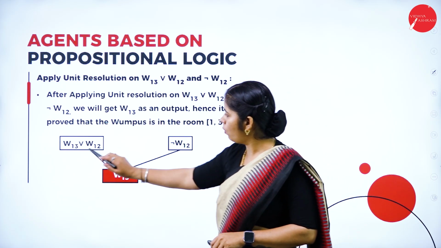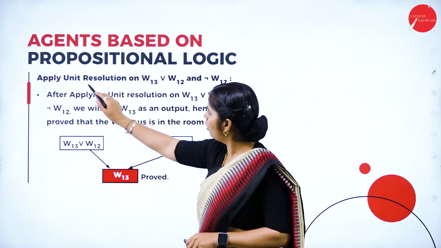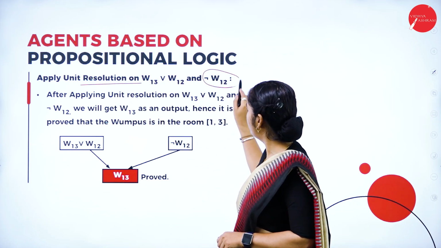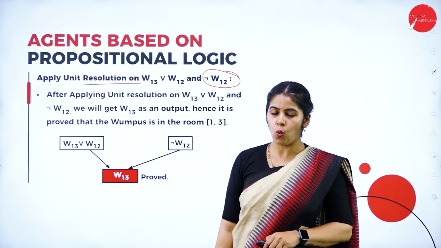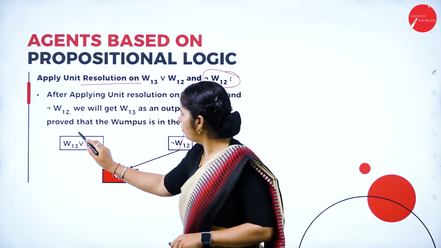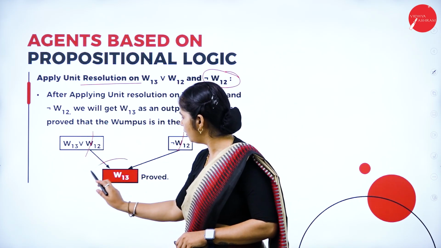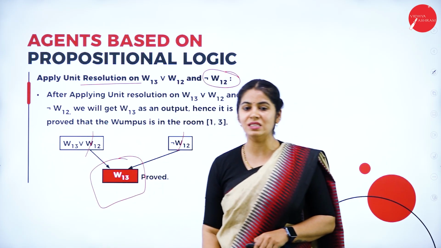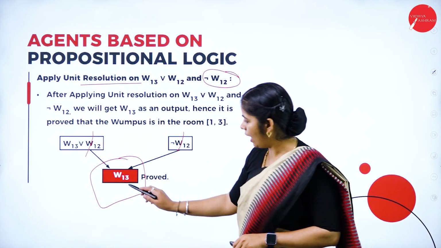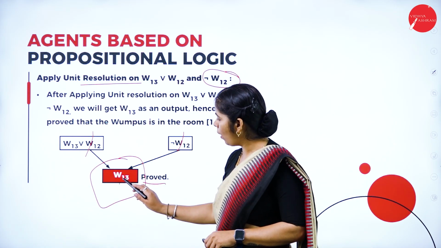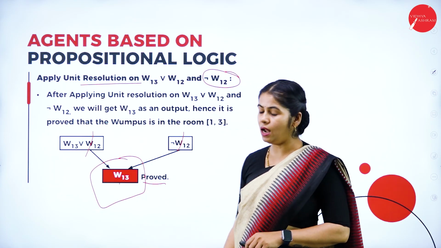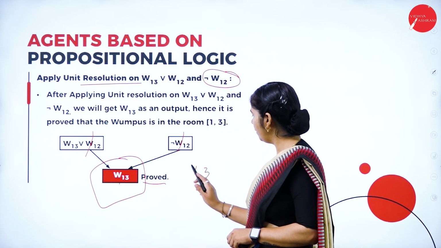Next, for W13 and W12, we apply the unit resolution with respect to the negation of Wumpus at 1,2. So these two get cancelled. Then what am I left with? I am left with only one cell, that is 1,3, and that proves that the Wumpus is present in cell 1,3.